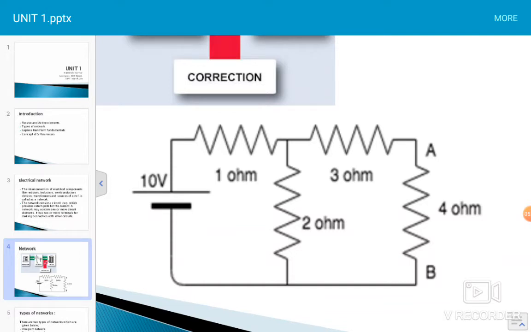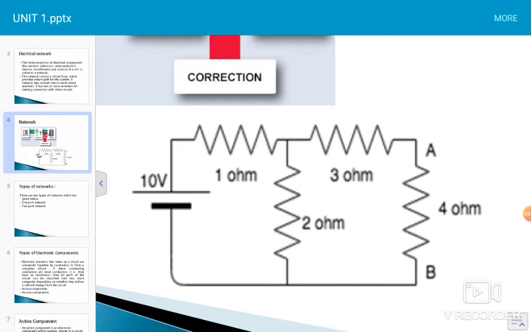It delivers energy to the circuit. That means this is an active component. So voltage source, current source, or ideal voltage source, ideal current source are the best examples of active components. Let's go further.